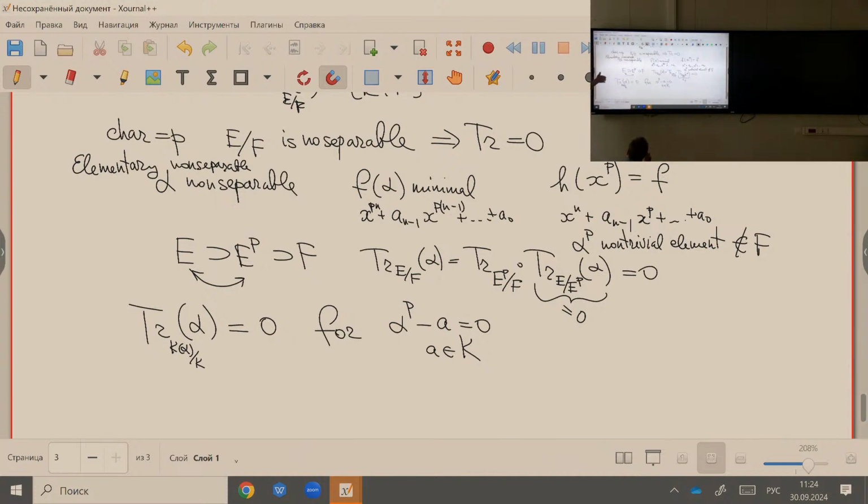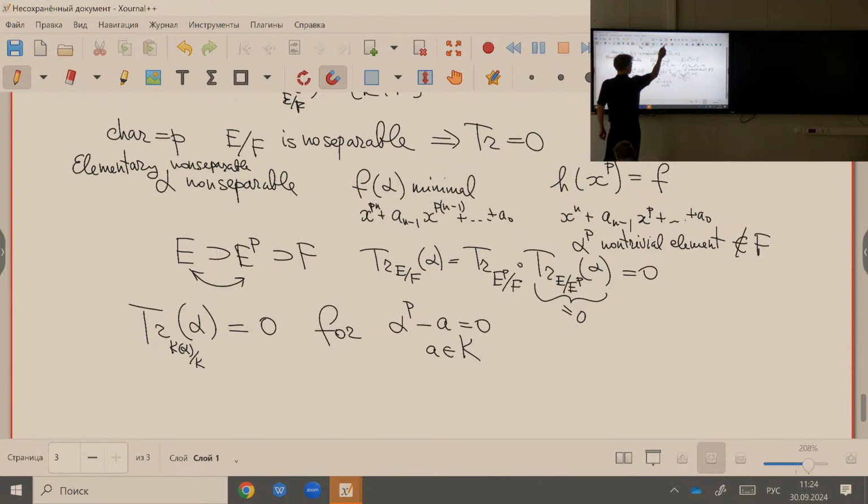So the reason that the non-separable extension factors through this operation is that there is somehow a canonical way to factor out the maximal non-separable intermediate extension. It is done via taking all powers of p.